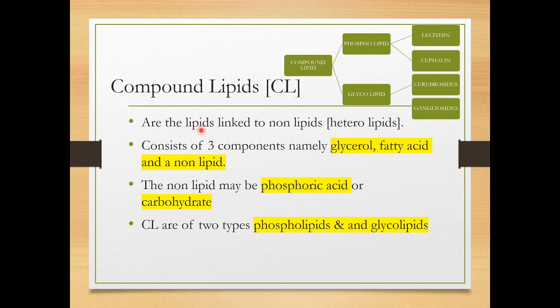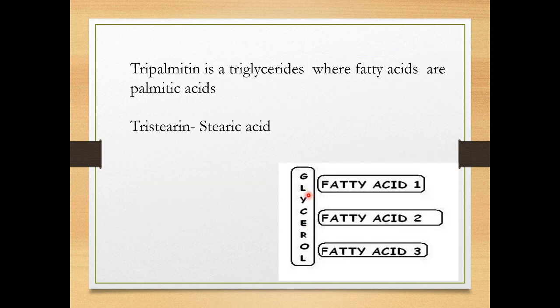Lipids are the esters of glycerol and fatty acid. And how many fatty acids are there in a lipid? There are three fatty acids. This is one glycerol molecule and three fatty acids combined together to form the simplest lipid structure.